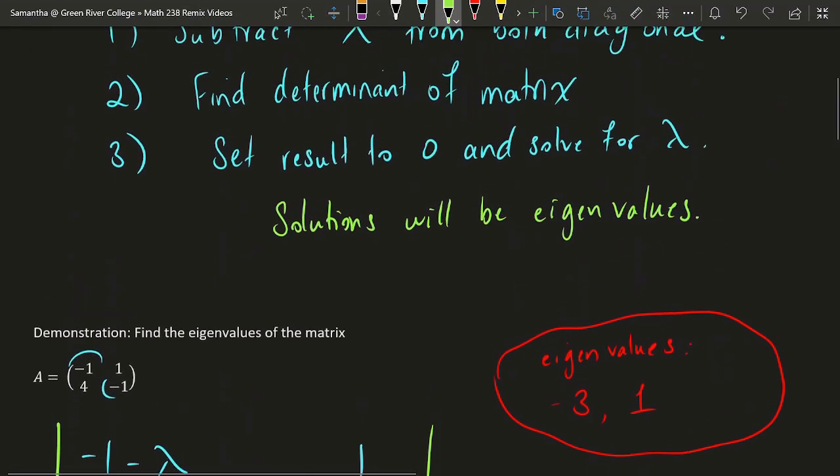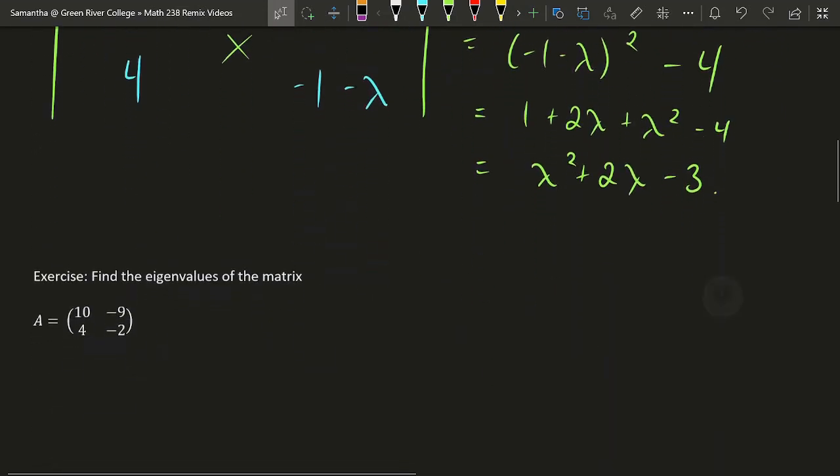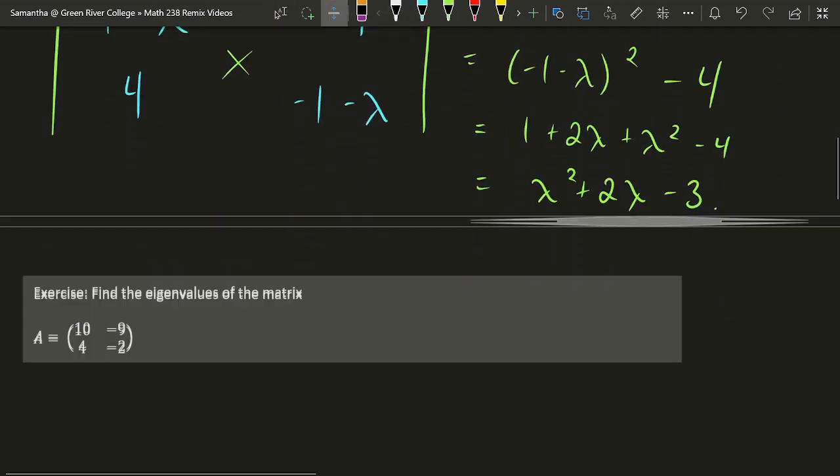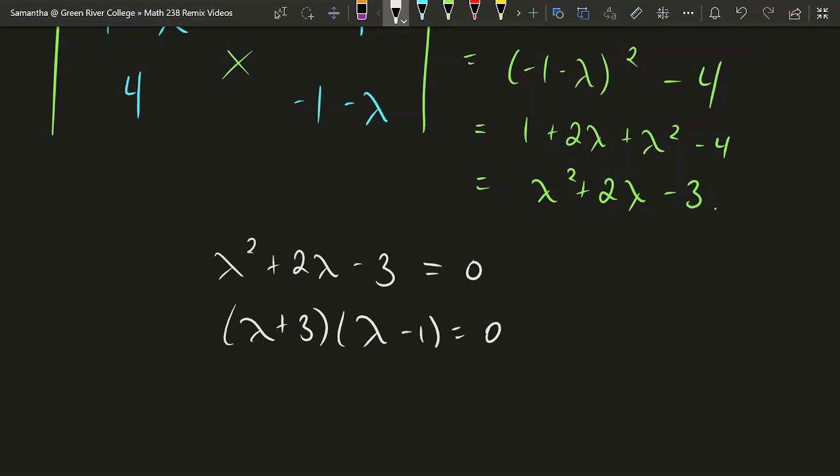Next step in the procedure, they tell me set this result equal to 0 and solve that for the values of lambda. So I'm going to take lambda squared plus 2 times lambda minus 3. I'm going to set that equal to 0, and now I'm going to solve for lambda. So I get lambda plus 3 times lambda minus 1, solving by factoring.